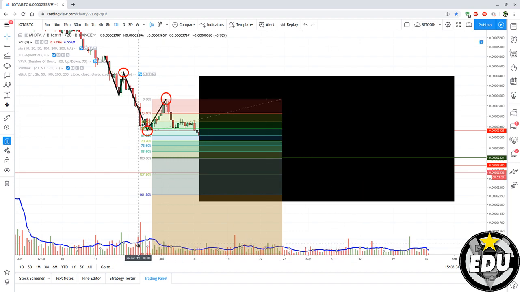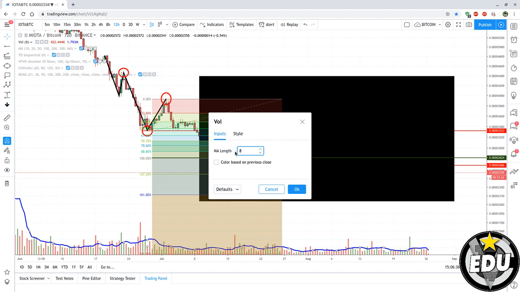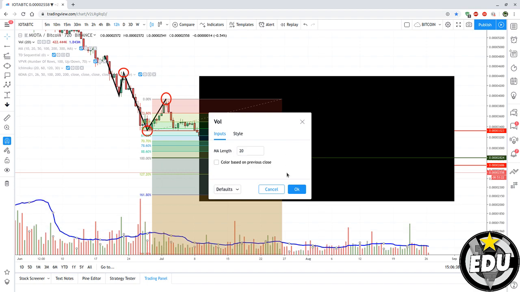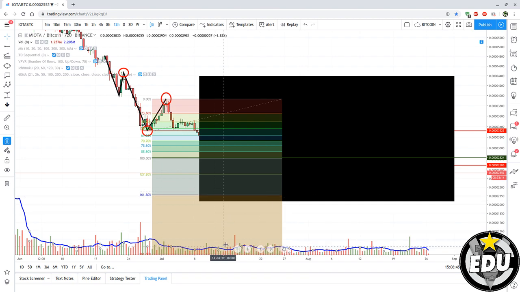If I move, of course, to like 20, volume will be very different. I mean, still quite a bit, but 8 accounts for a little fluctuation better. Anyways, every time volume increases almost double my moving average, you can see those spikes here. 1, 2.